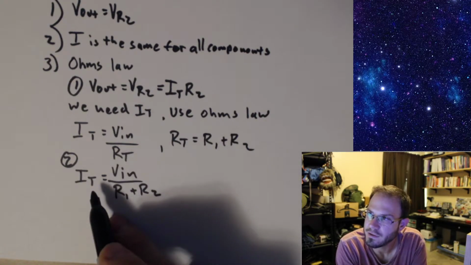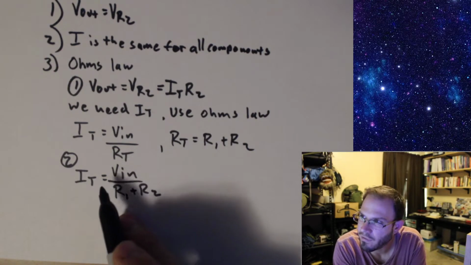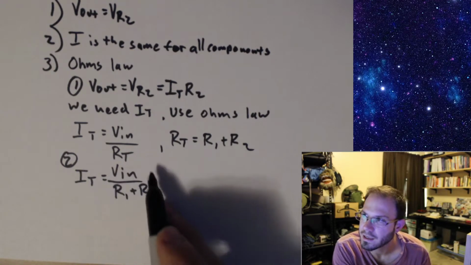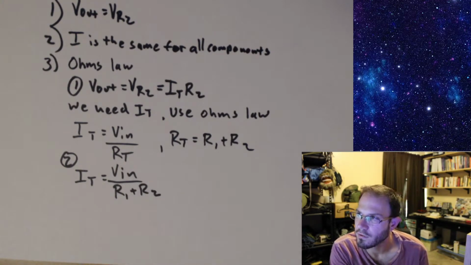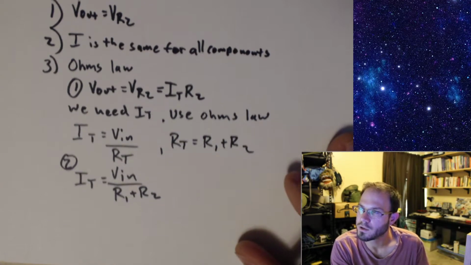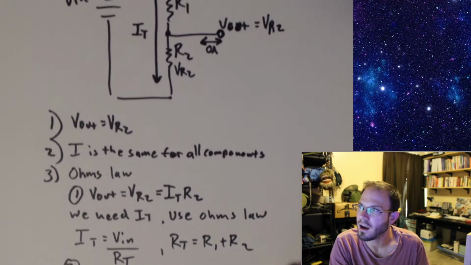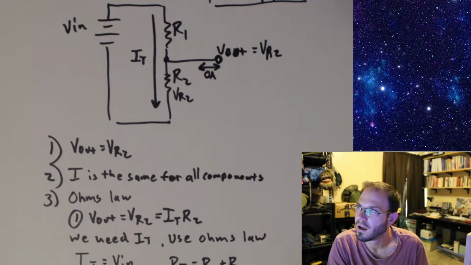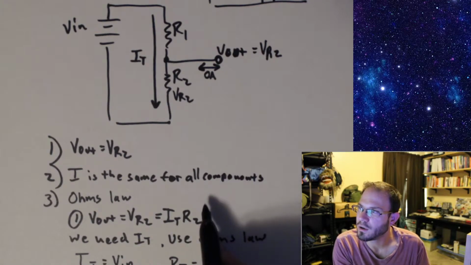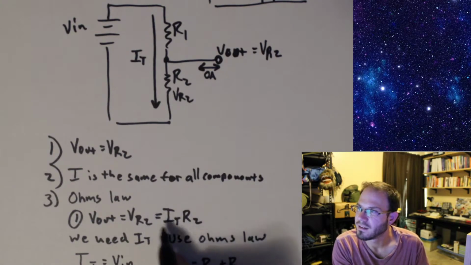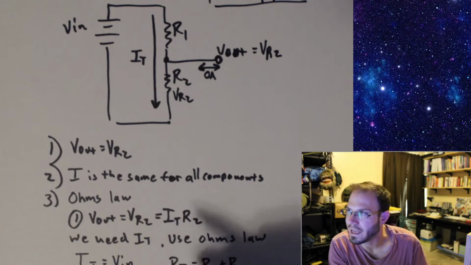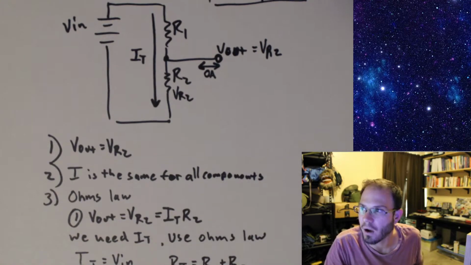That gives us our total current. So now I have the total current defined as Vin over R1 and R2. So we're actually almost there. All we need to do is plug that into what Vout is, and we'll get a function for Vout.